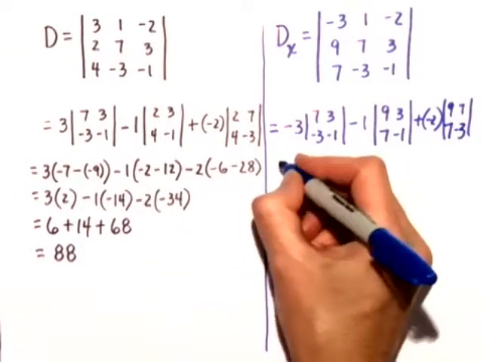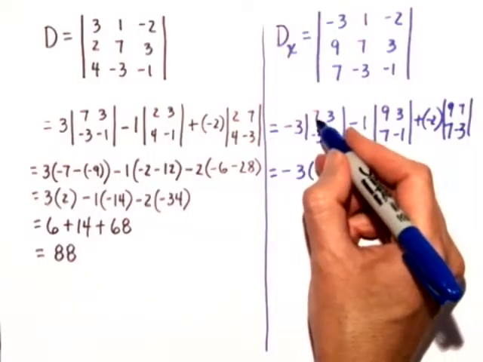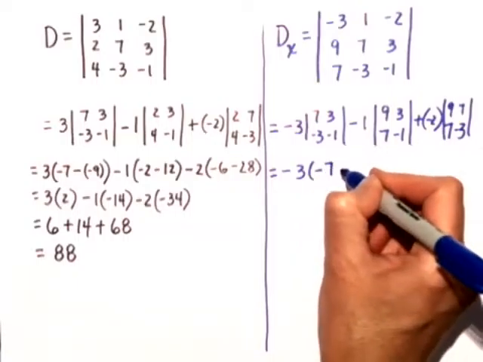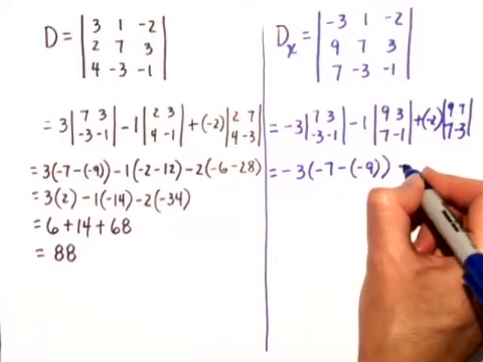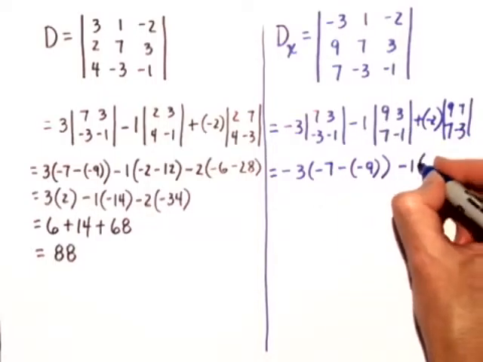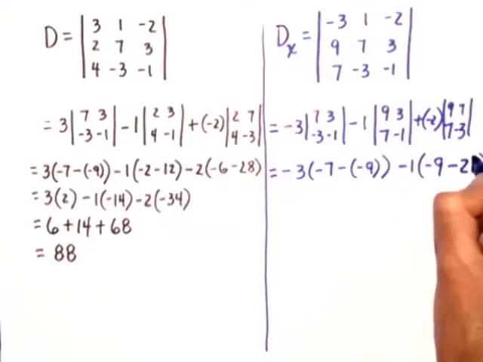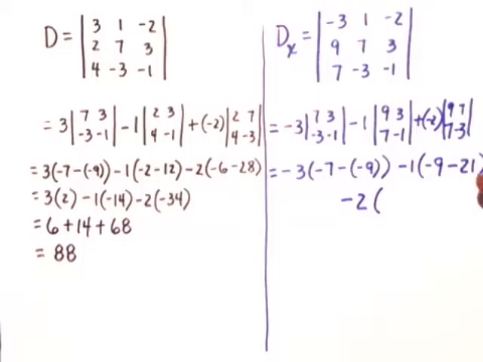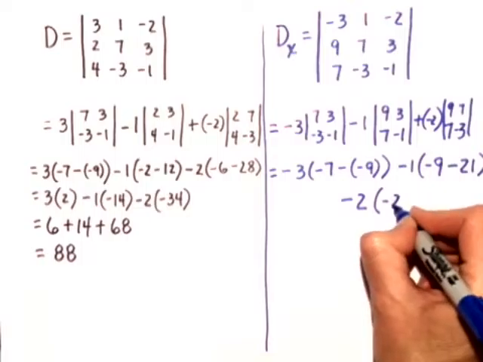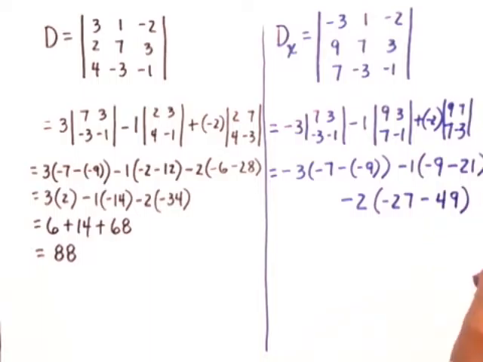So we're going to calculate this, and we'll have negative 3 times the quantity 7 times negative 1 is negative 7, minus negative 3 times 3 is negative 9, minus 1 times the quantity 9 times negative 1 is negative 9, minus 7 times 3 is 21, and then we have plus negative 2, so that becomes negative 2 times the quantity 9 times negative 3, which is negative 27, minus 7 times 7, which is 49.